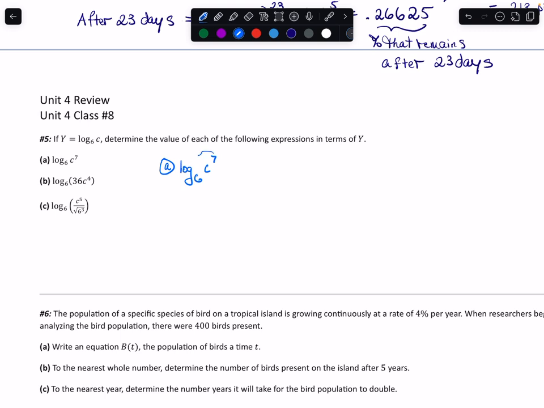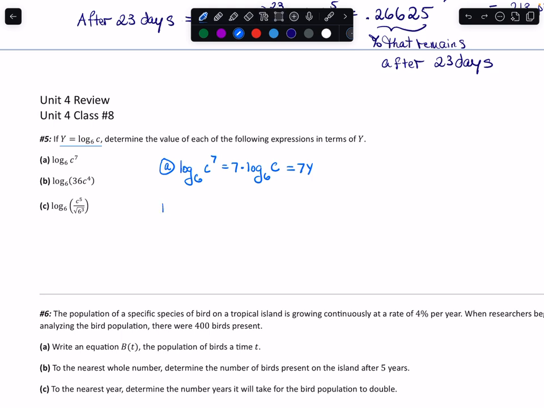I'm going to use the power law with the exponent of 7, bring it out in front as a coefficient: 7 times log base 6 of c. Log base 6 of c, they are calling y, so that's 7 times y. My final answer is an expression in terms of y. There's no way to simplify that either, but I am done.